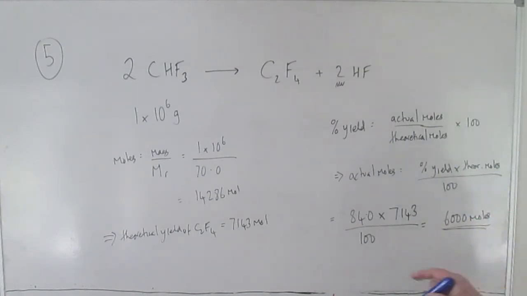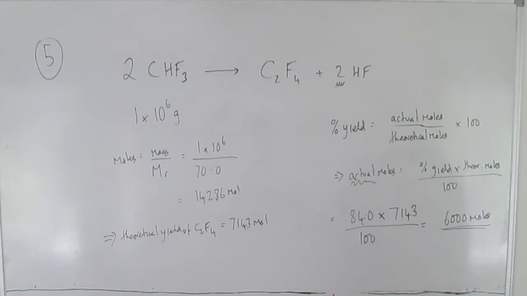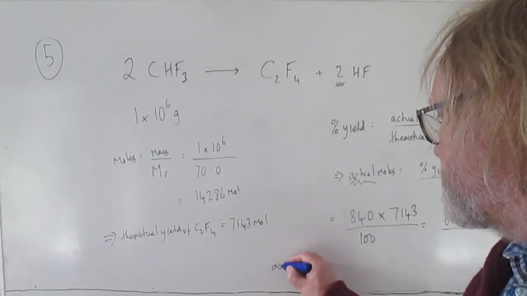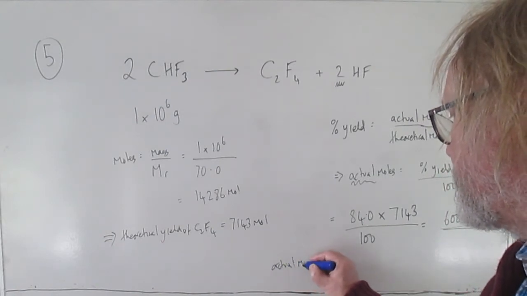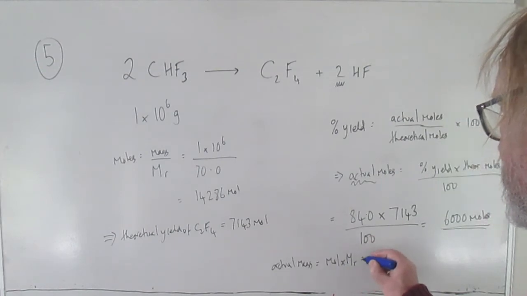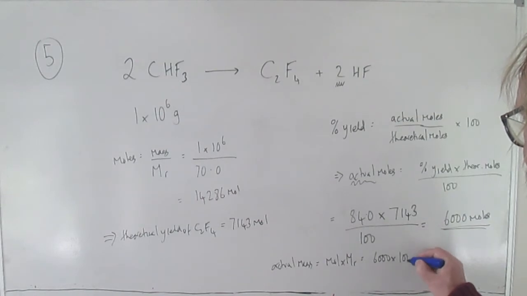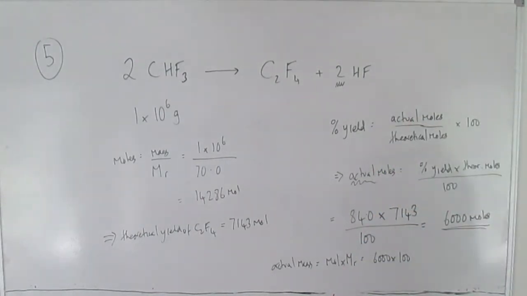Okay, so that's the actual moles that would be produced. So it's 84% of what we theoretically reckoned we could get. And so we just then have to turn that back into a mass. So the actual mass obtained is moles times MR, which is 6,000 times 100, because the MR for C2F4 just happens to be exactly 100, which is 600,000 grams. And that would be fine.